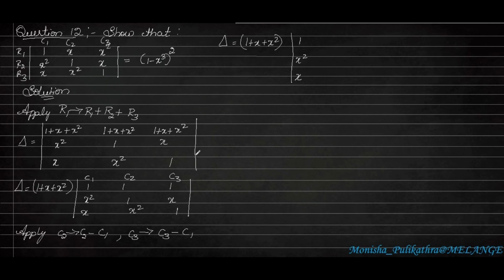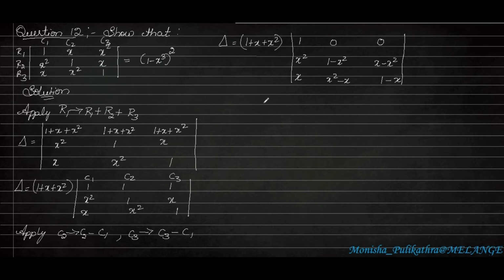Only for the second and third columns do we bring the changes. After applying this we get 1, x, x square as it is. Next is 0, 1 minus x square and x square minus x. Here 0, x minus x square and 1 minus x. Okay, so we will get these things.